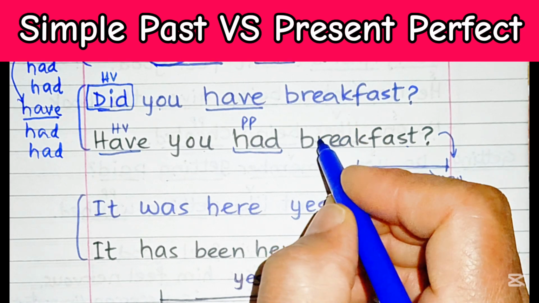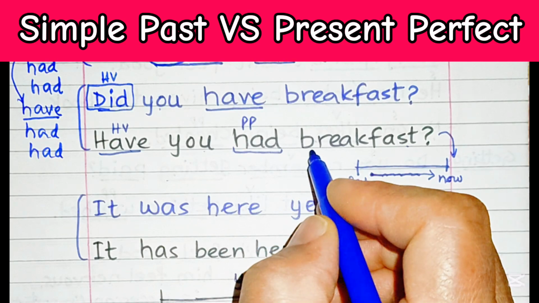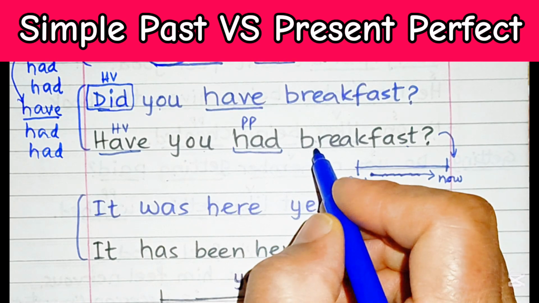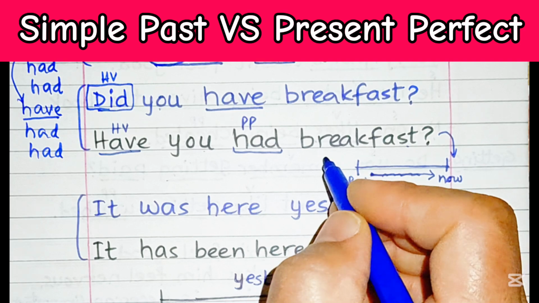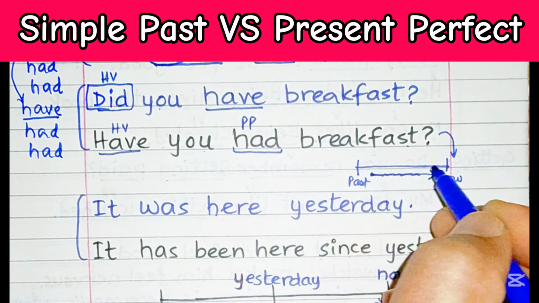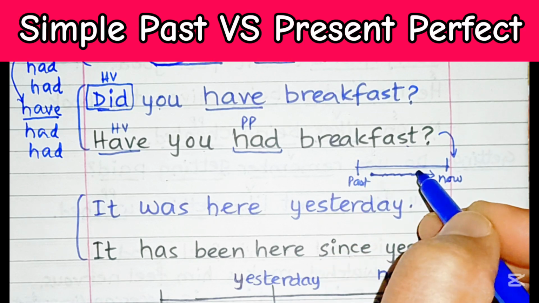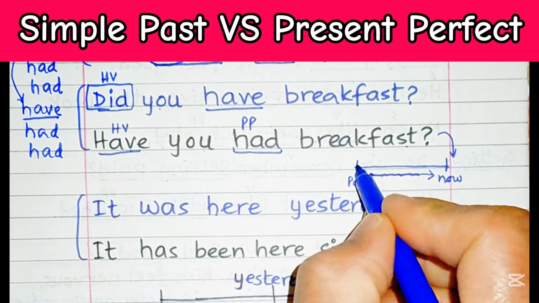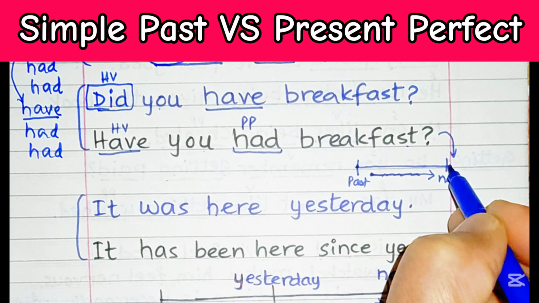Whereas this question, have you had breakfast, is also asking about the past, but it's in the present perfect, which means that the timeline over here, as I mentioned, goes from the past up until now.